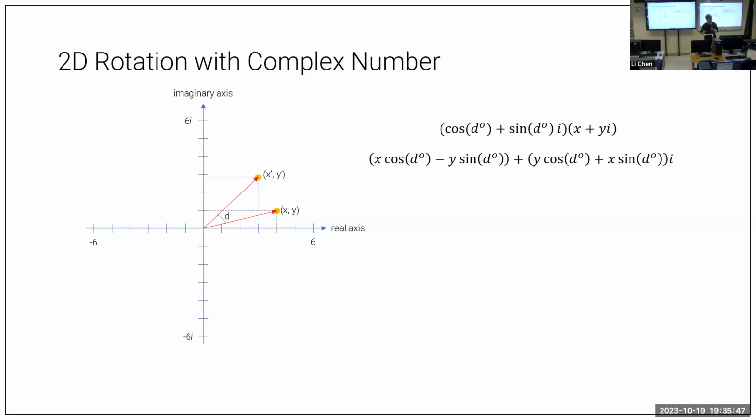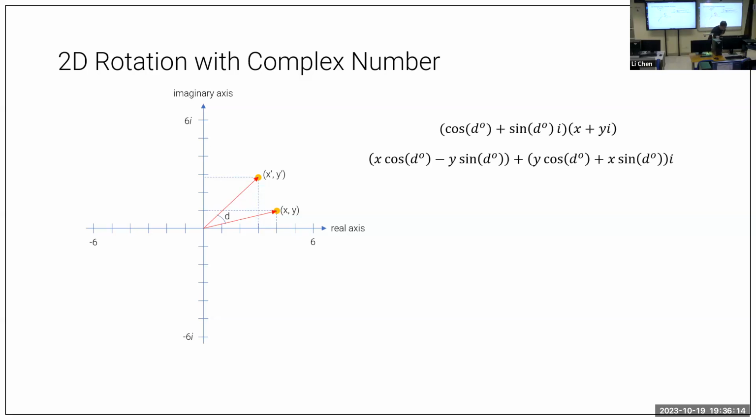You can treat it as Z. This axis is perpendicular to the XY plane, or the real and imaginary plane. We have this D in degrees here, and also this D here.